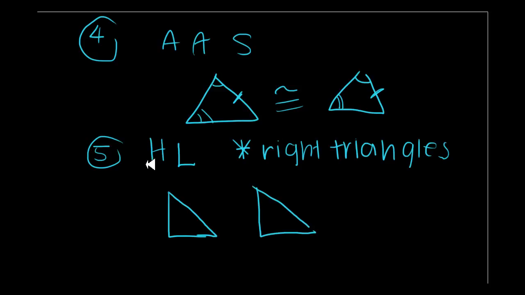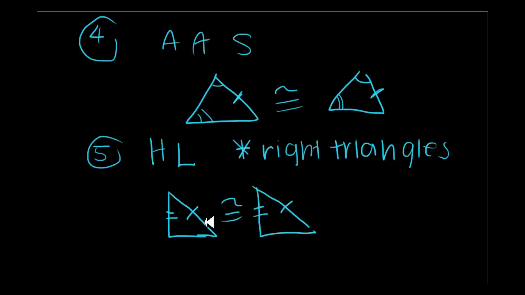And H means hypotenuse, which is the longest side, and L means leg, so any other side other than the hypotenuse. If I say that these two hypotenuses are congruent to each other, and another corresponding leg is congruent to each other, I can say that these two right triangles are the same right triangle. They're congruent to each other.